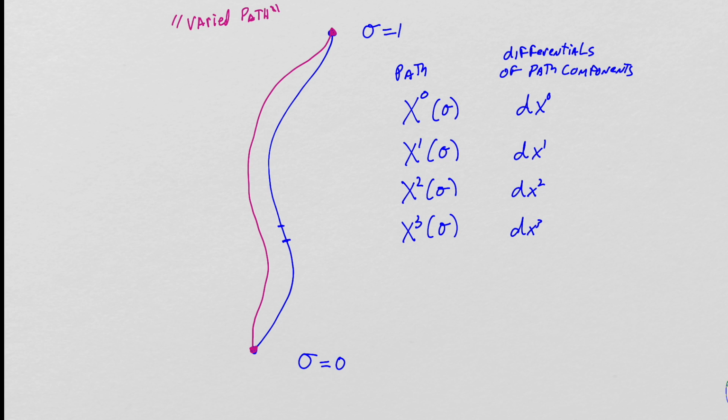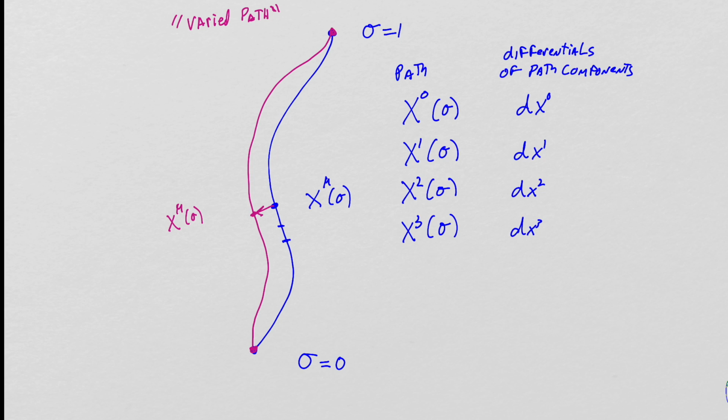But what I really want is some language to explain that when I have a value of sigma, right, and this position is x mu of sigma, I want to know the varied path, which would be red, right? The varied path also has a value at the same value of sigma. I want to know the difference in position between those two paths at a value sigma, right?